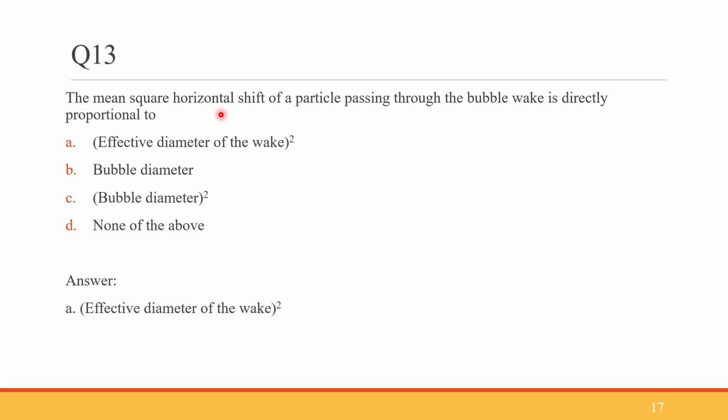So mean square horizontal shift of a particle passing through the bubble wake is directly proportional to the square of the effective diameter of the wake. Here square is there and it is proportional to square of the effective diameter of the wake. What is proportional to this? The mean square horizontal shift of particle passing through the bubble wake. So remember this. Now let us go on to question 14.